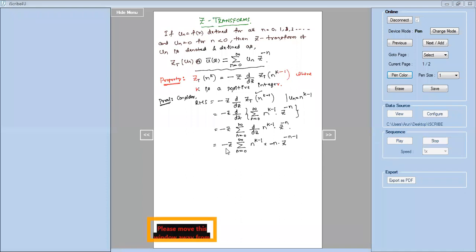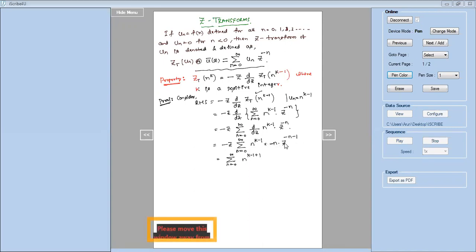Let us simplify this. Minus into minus is plus. This is equal to sigma n is equal to 0 to infinity. Here the bases are same, so you can add the powers. n power k minus 1 and n power 1, so this becomes n power k minus 1 plus 1 if I combine these two. And here the bases are same: z power minus n minus 1 and z power 1.